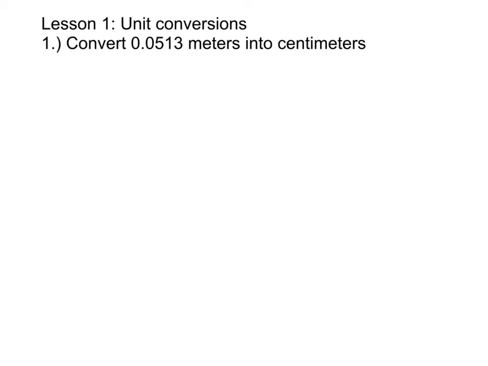First you need to know what that conversion factor is. We know that there are 100 centimeters in 1 meter, so let's write that out. 100 centimeters is equal to 1 meter. That's the conversion factor that we're going to be using.